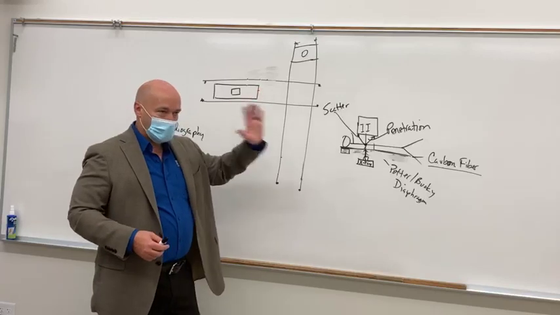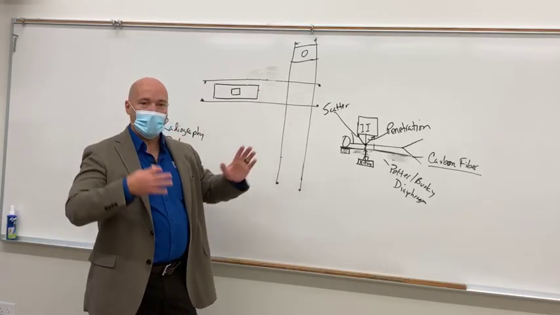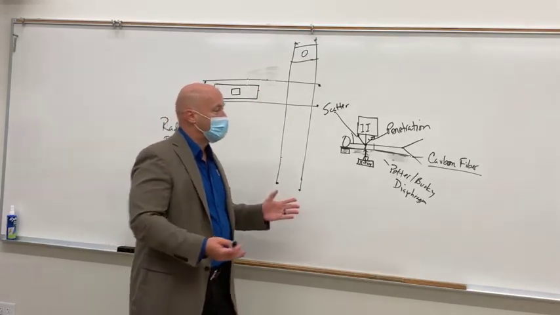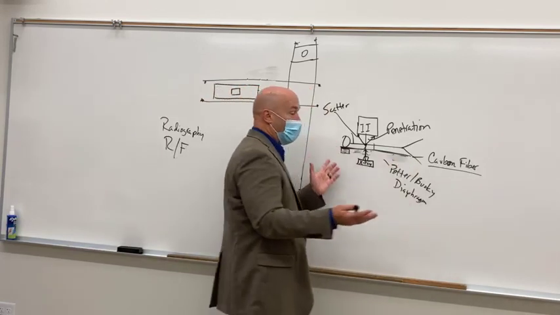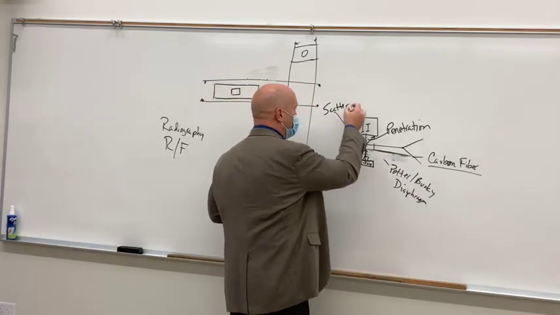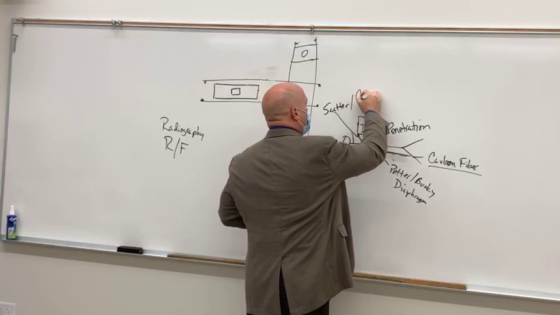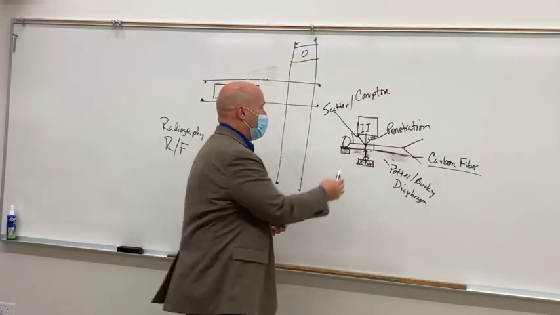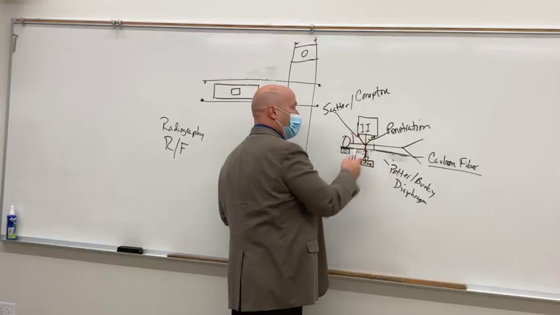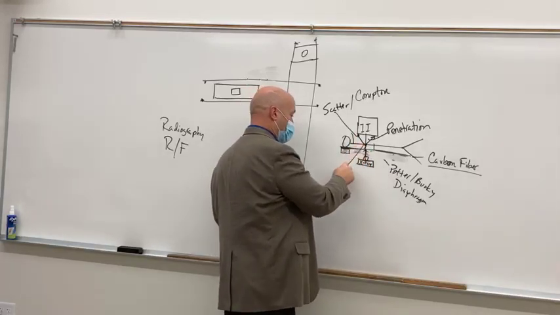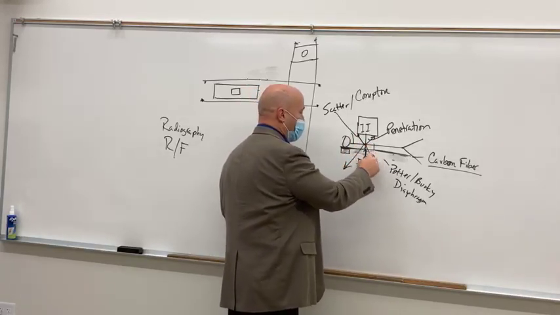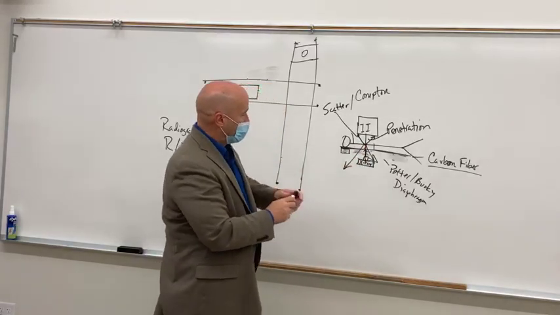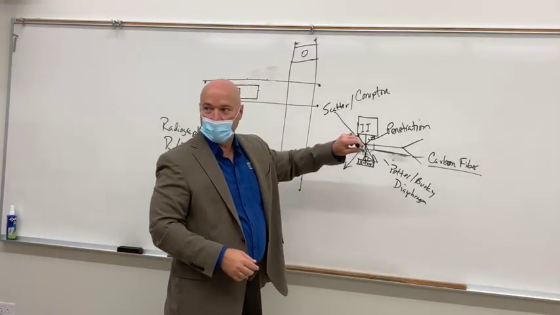It's got a lot of power still, but it can go off really in any direction at all. So we've got Compton that can go off in any direction. So it can go towards the image receptor and mess up your image. It could bounce back down into the table, or it could bounce straight out towards you, like that.